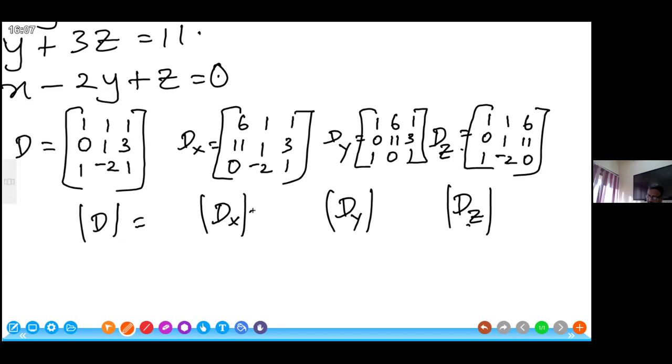Find out the determinant of all these four matrices. Anybody found the answers?